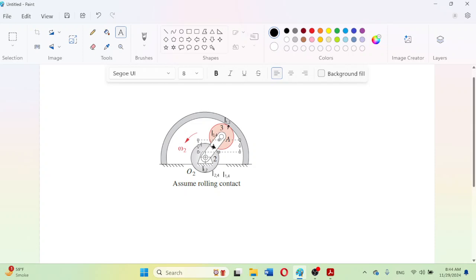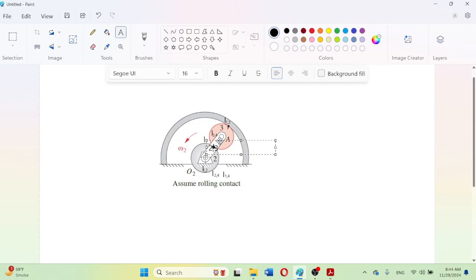This instant center I can mark here. This is I2,3 because it is the convention.